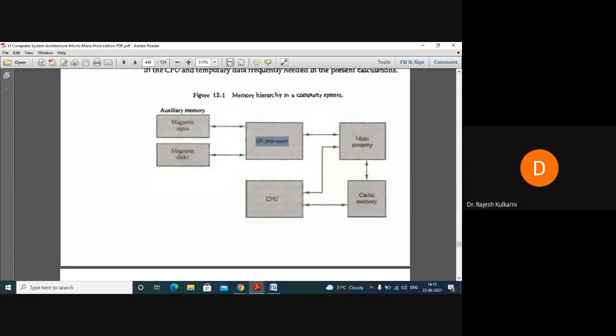Now, inside the CPU, is memory there or not? Answer me somebody. Inside the CPU, is memory there or not? Tell me. Anybody? Nisha, you can tell. Teja, you can tell. Is memory there in the CPU or not?